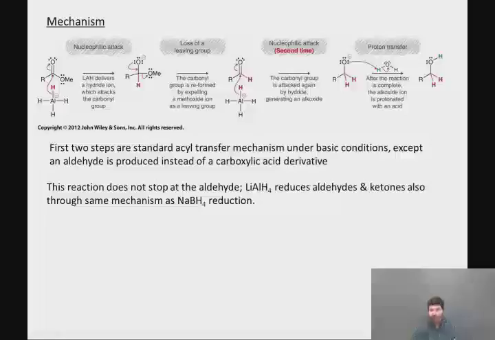While water is strong enough to protonate this, we usually use water under slightly acidic conditions. You usually use dilute acid to do this protonation. It also decomposes all of the aluminum compounds into soluble aluminum, and they just go away and don't bother us anymore.